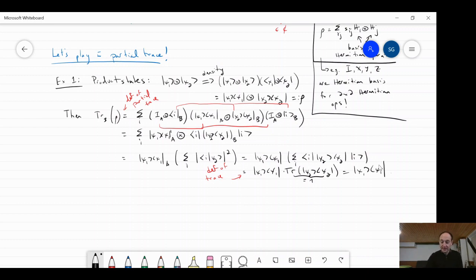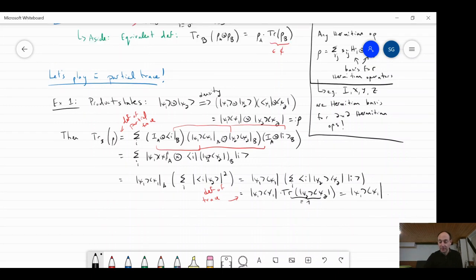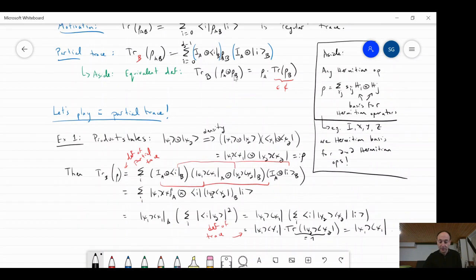Okay, so this says that if I start with this density operator, which is the tensor product of psi1 and psi2, and I toss out the second subsystem, I'm left with just what's left on the first subsystem, psi1. And that's exactly what this equivalent formulation told you: if I had something in tensor product like this, it's the same thing as keeping what's on the first register and just taking a trace of what's on the second register. And that's exactly what we did.